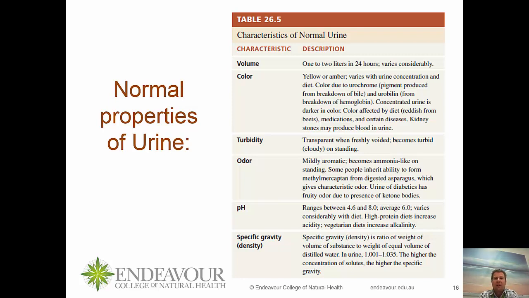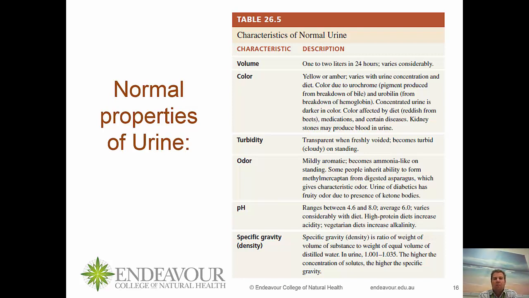Colour can vary, can go from quite clear right through to quite a deep dark yellow colour, and that depends really on your hydration status. The yellow colour is actually a function of another bile pigment called urochrome. So it kind of goes all the way back to your red blood cells, doesn't it?